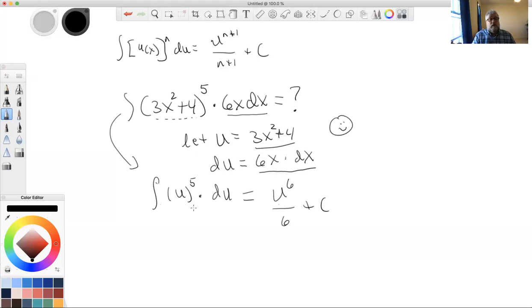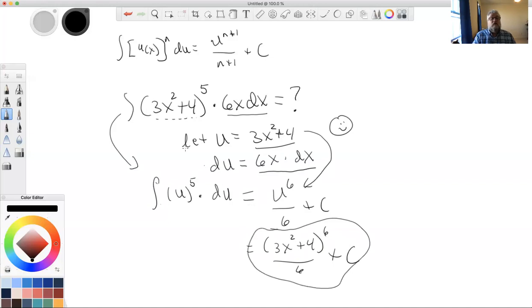So this is the integral of that thing. And now we go back to u and do a little substitution. So this will be 3x squared plus 4 to the 6th over 6 plus c. This is the integral of the thing up here. This is how we use the power rule, okay?